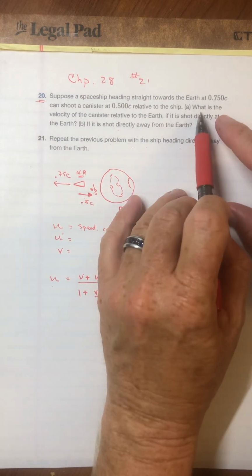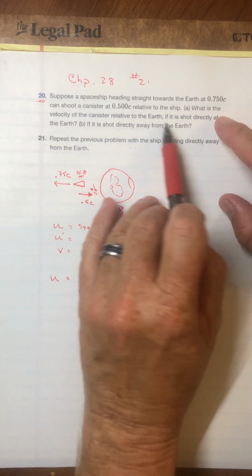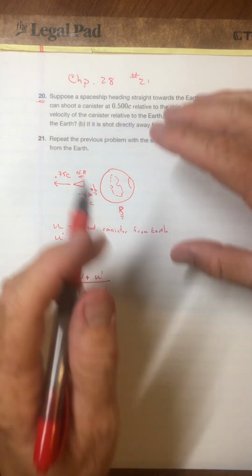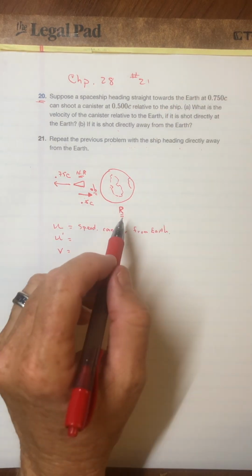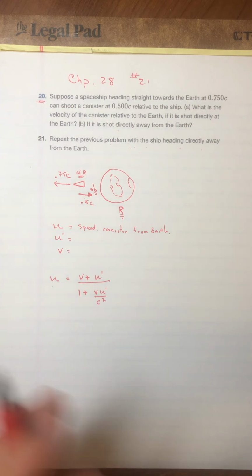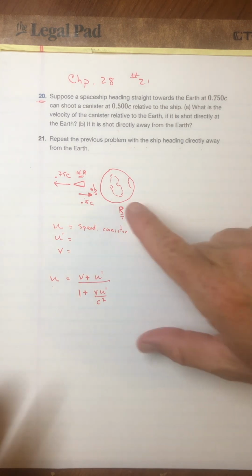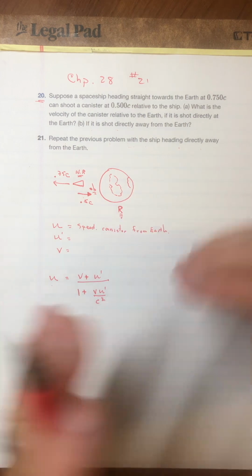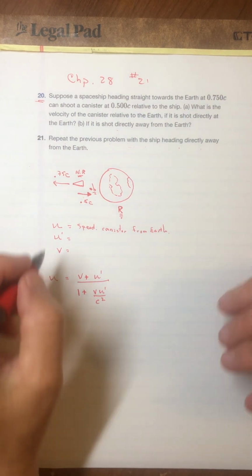And that's the question: what is the velocity of the canister relative to the Earth? And that means that this kind of natural way of saying, okay, let's take the Earth as not moving, which, again, is a terrible way to say it because the Earth is moving. But if we take it as its reference, then I think the other things are moving relative to the Earth, and that's kind of a natural setting.